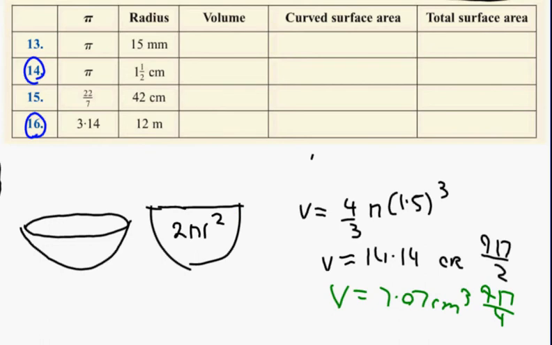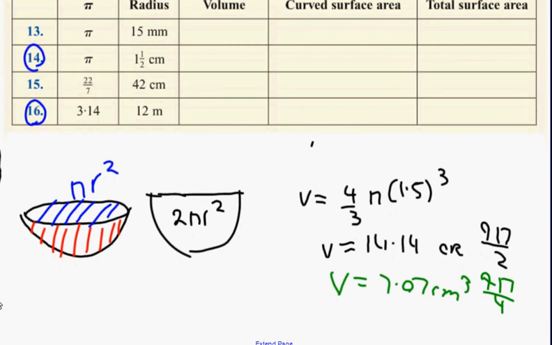2 pi r squared is talking about the red part, the curved part. What part are we leaving out? And what's the top bit worth? Okay, what's the two of them added together then? 3 pi r squared. You can do it that way and that might be a bit quicker. Just adjust the formula at the very start. And now you know that your total, actually we have to get curved surface area first anyway.